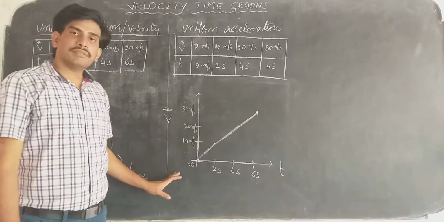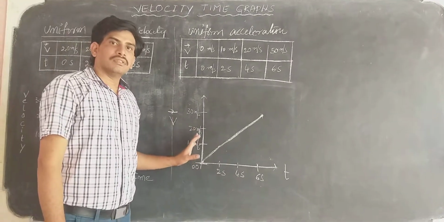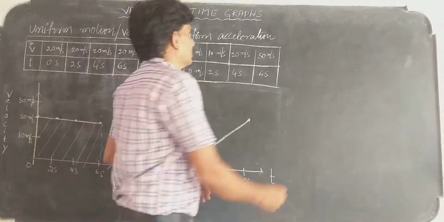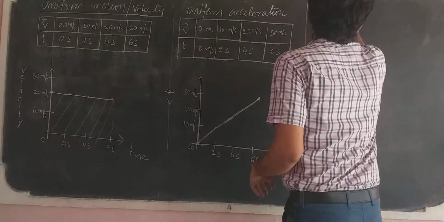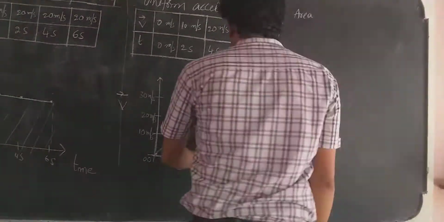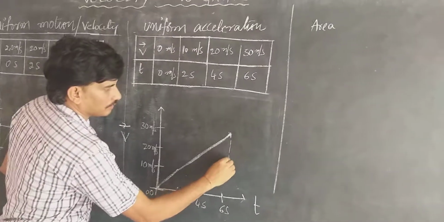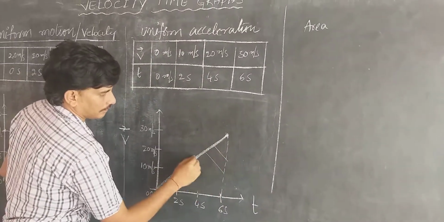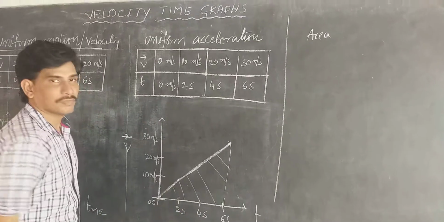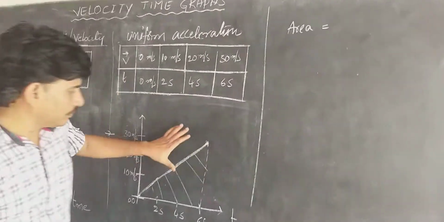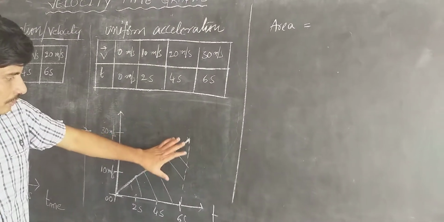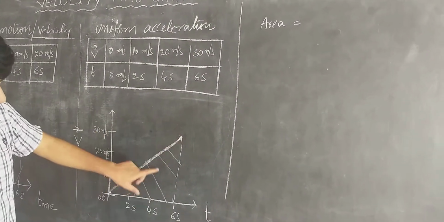And what you will get from the area of the graph? Again here, as we know, if you are observing up to 6 seconds, the shape of the graph is like a triangle. So the area under this graph is in the shape of a triangle.